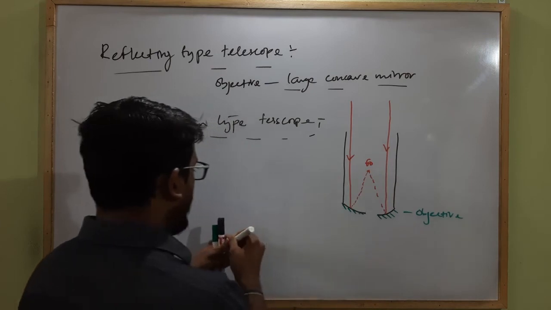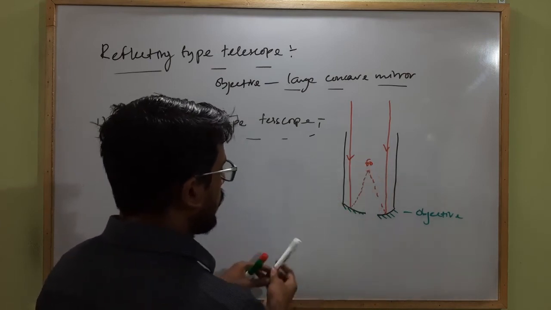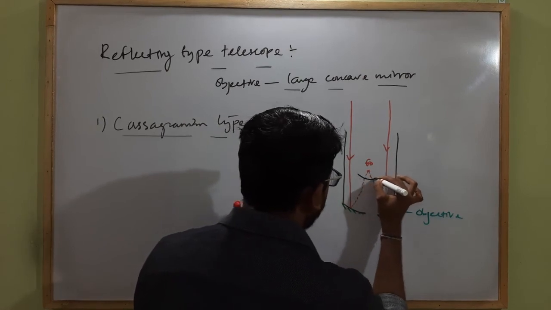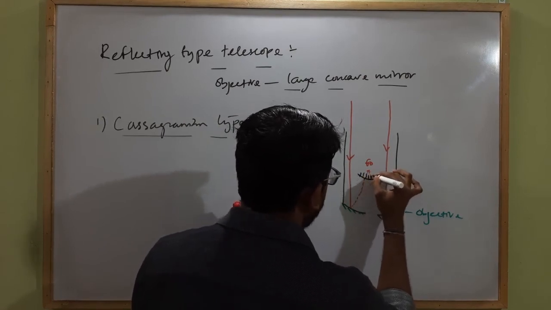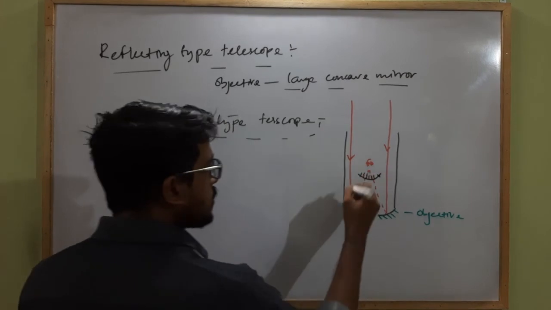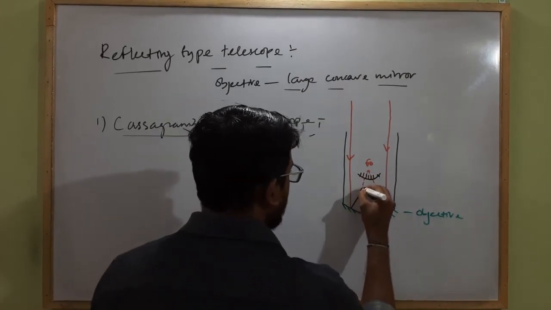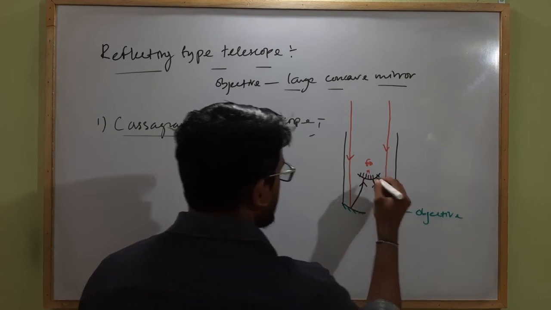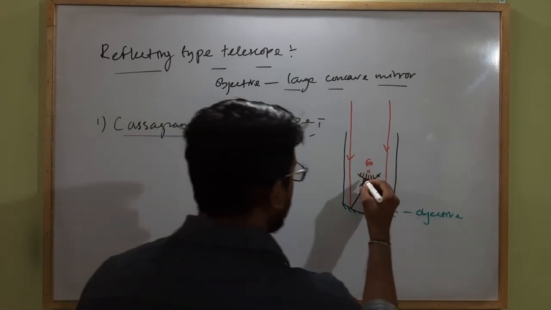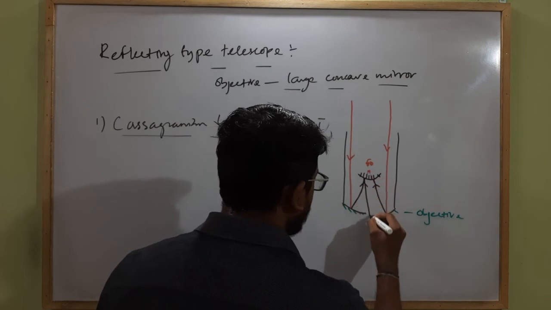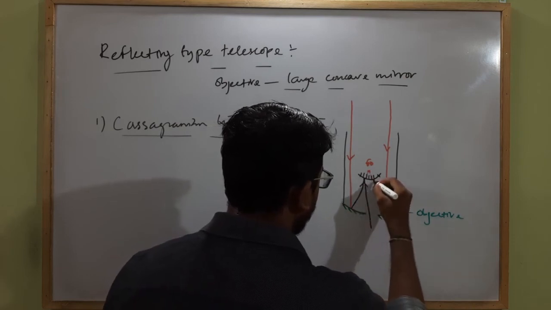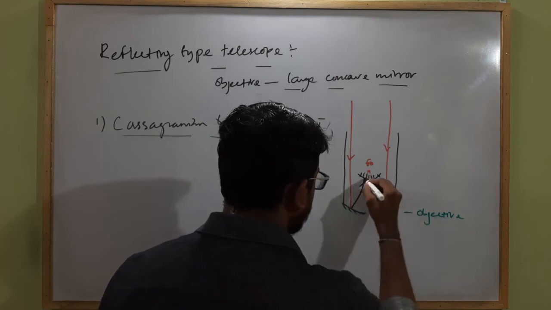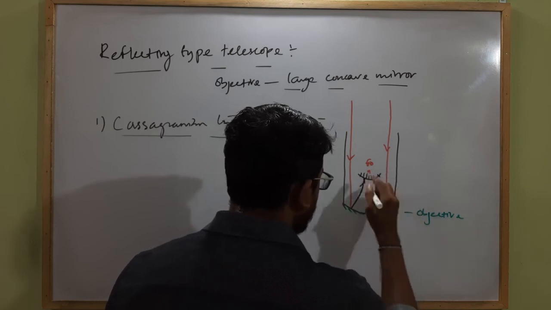But in front of the focus of the objective, a small convex mirror is placed, so that the reflected rays which are moving towards the focus will be intercepted by this convex mirror. Again they will get reflected and they will move along this small hole, like this.